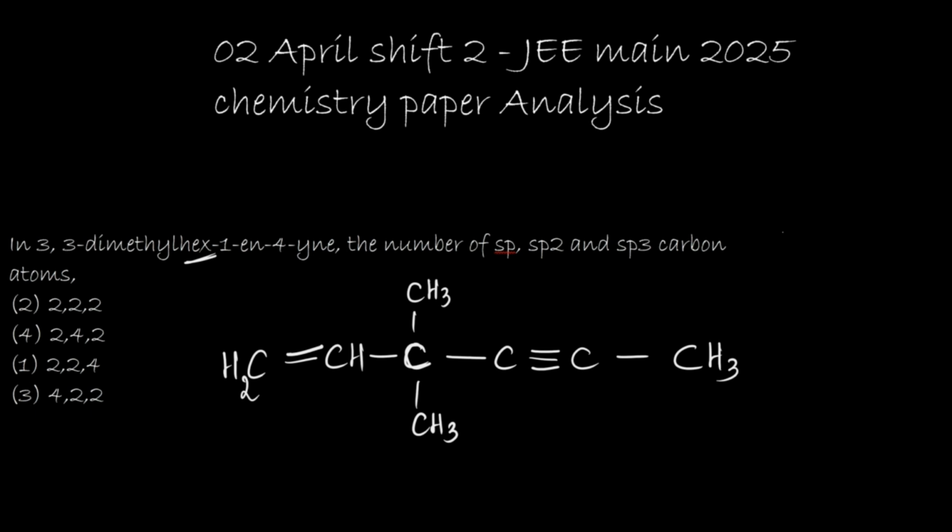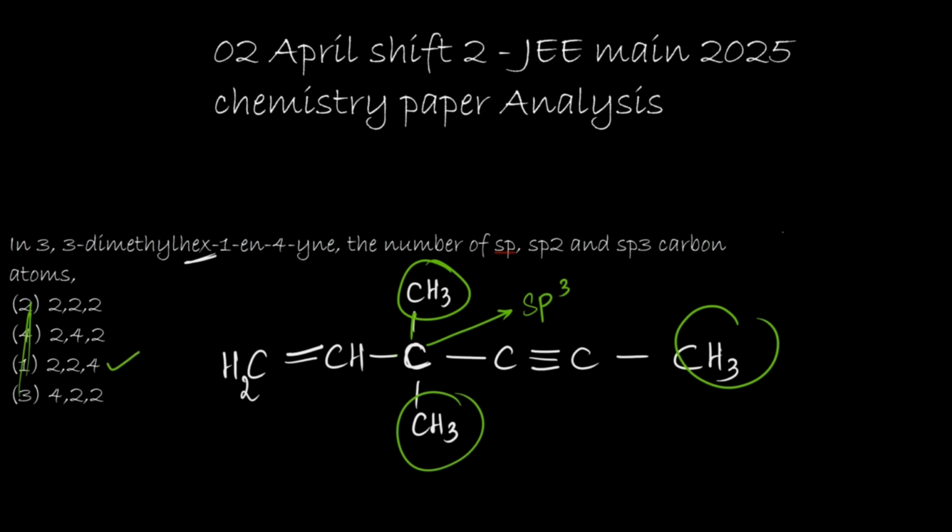You can see these are sp3, right? So there are 3 sp3s. Any other sp3? What about this carbon, which is also an sp3 carbon, isn't it? As you can see, 4 substituents are attached, so this is also sp3. So 4 sp3. So the answer must be this one.